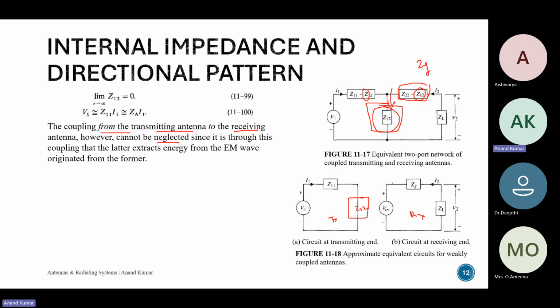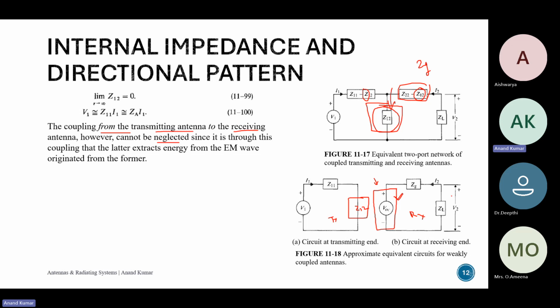In place of that, we will put some voltage which is due to the incidence. This is the open circuit voltage which appears here.